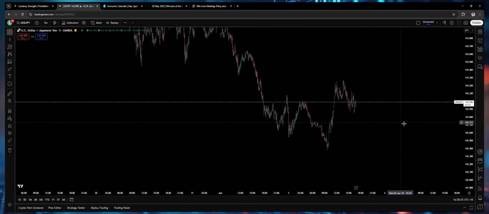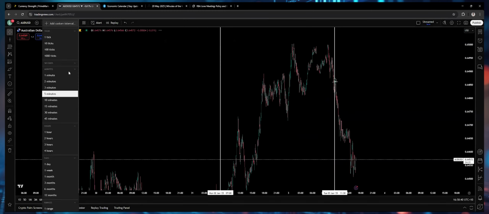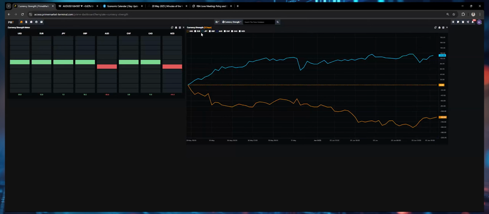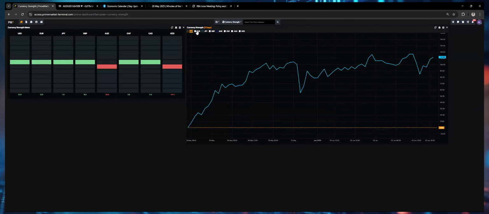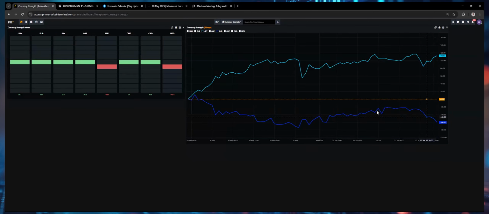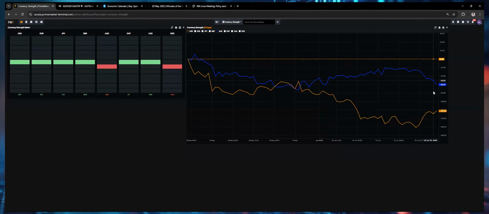For the Australian dollar, you need to have two views. First, as I've just shown you, the US dollar is really bad. The Australian dollar is actually stronger than the, whoopsie, let me just reload that. Okay, so the Australian dollar is a little bit stronger than the US dollar at the moment, and you can see this.